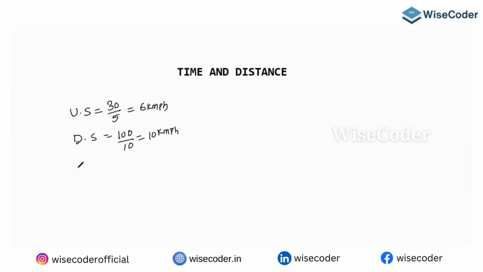Because you want the boat speed and stream speed: the boat speed is downstream speed plus upstream speed divided by 2, and the stream speed is downstream speed minus upstream speed divided by 2. So that will give you 10 plus 6 divided by 2. We are doing the same question.